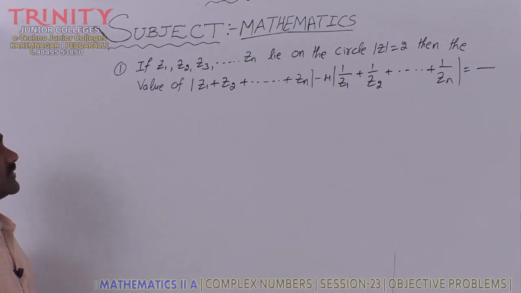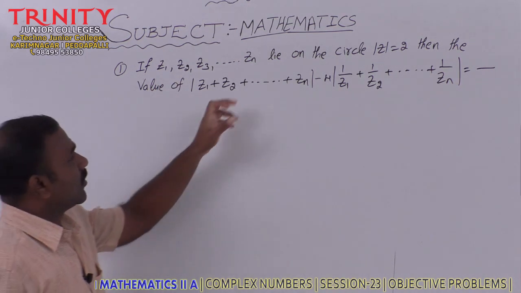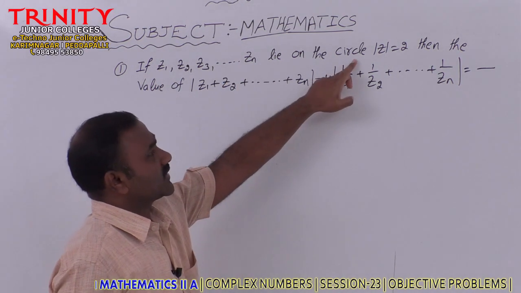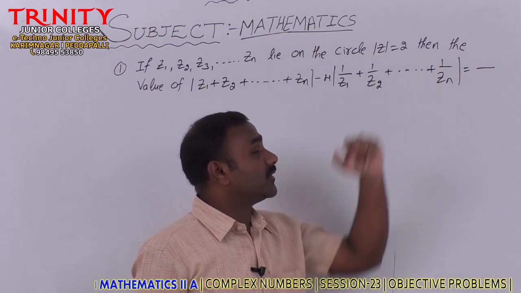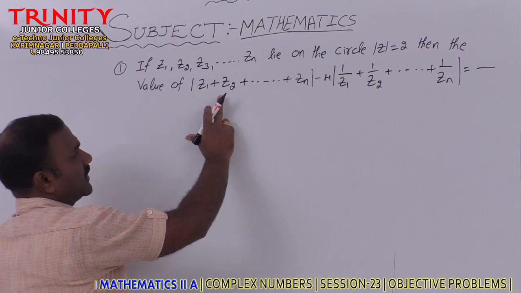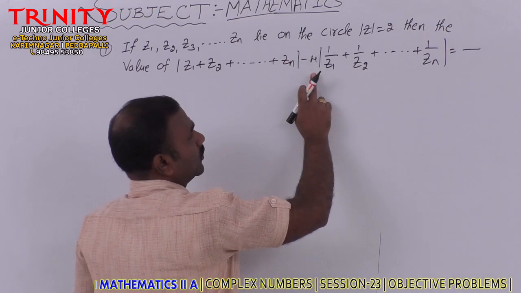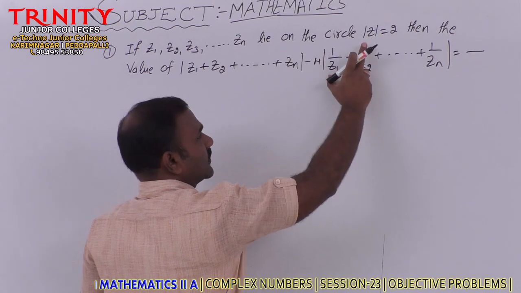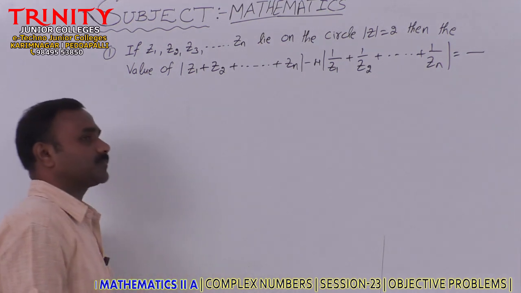Today's first problem is, if Z1, Z2, Z3, so on Zn lie on the circle mod Z is equal to 2, then the value of modulus of Z1 plus Z2 plus so on plus Zn minus 4 into mod 1 by Z1 plus 1 by Z2 plus so on plus 1 by Zn is equal to.